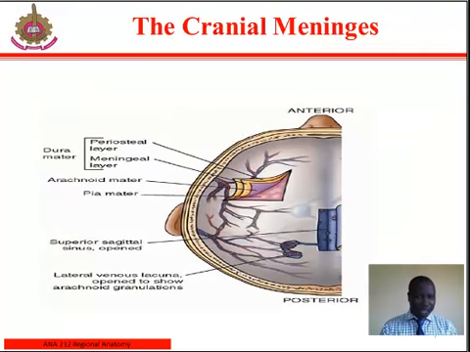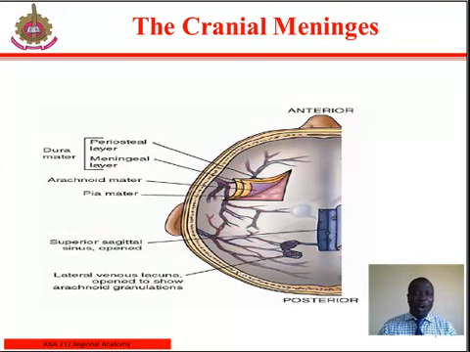The cranial meninges. The cranial meninges are coverings of the brain that lie immediately internal to the cranium. The meninges protect the brain, form the supportive framework for arteries, veins, and venous sinuses, and enclose a fluid-filled cavity, the subarachnoid space.